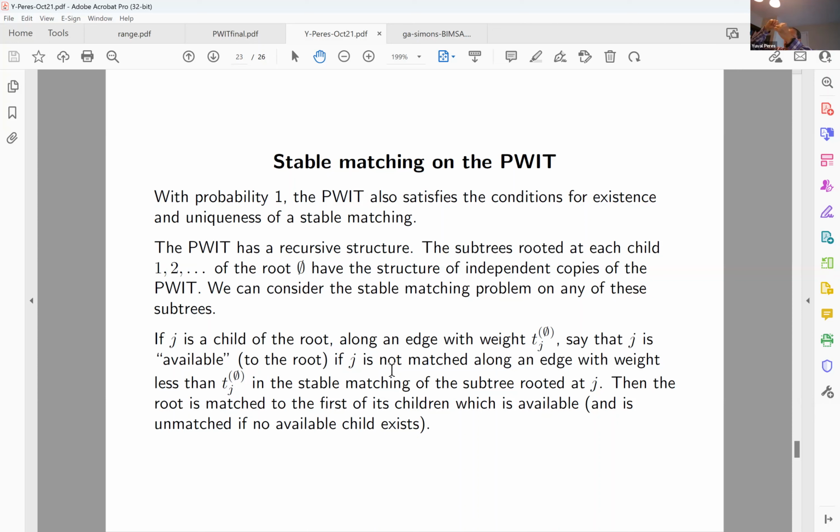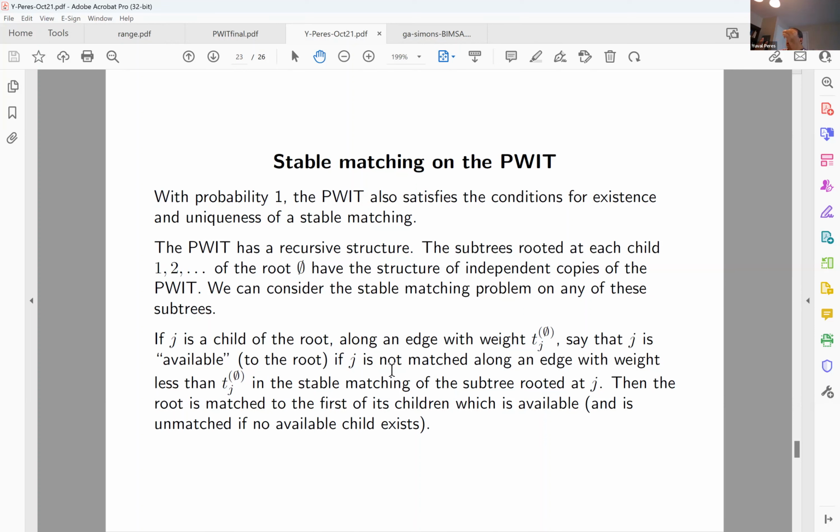So before deciding who we match to the root, we look from the root to each of these candidates and ask, is the candidate even available? If a candidate is at distance 100, but within its subtree it's matched within distance 80, it's not available. But if it's at distance 100 and the best matching within its subtree is 110, then it's available to the origin.